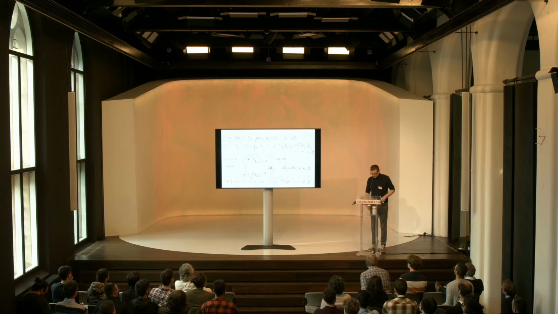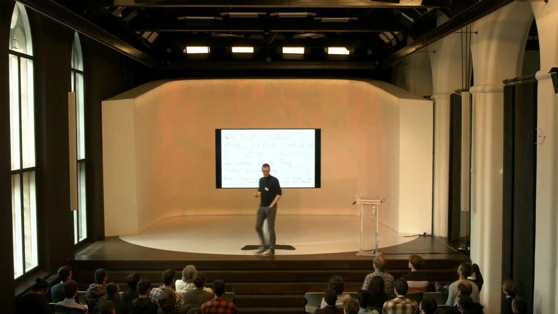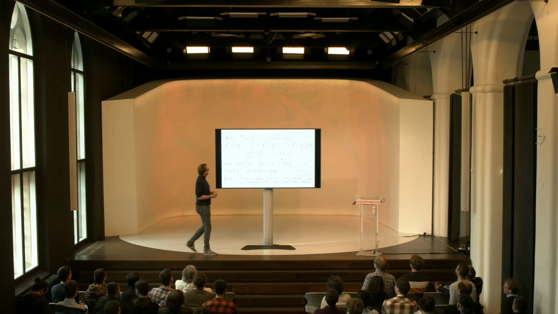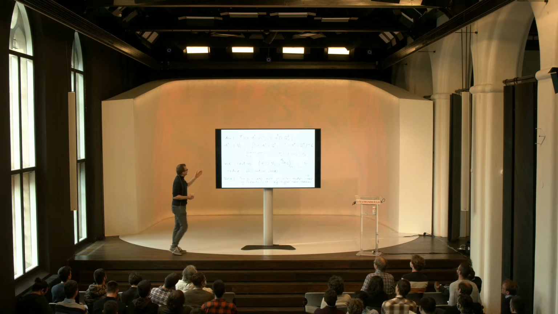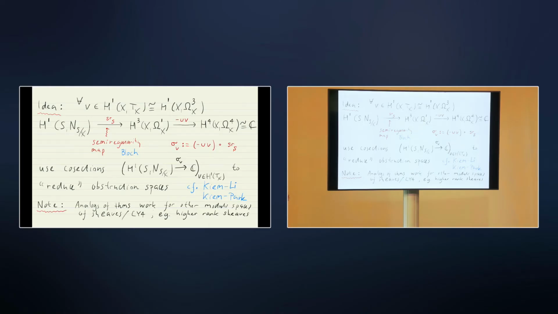So maybe one slightly mathematical slide. Well, maybe they all look mathematical. So what is roughly the idea? We start on this obstruction space, H^1 of the normal bundle. And there's a very interesting map by Bloch.